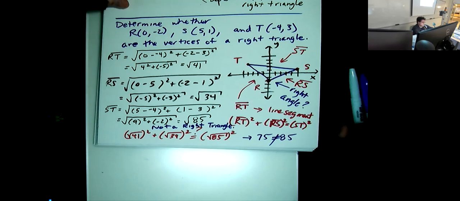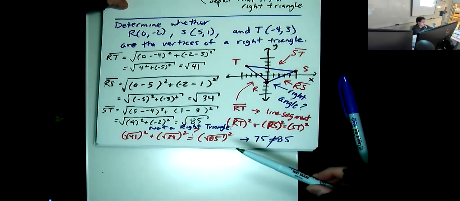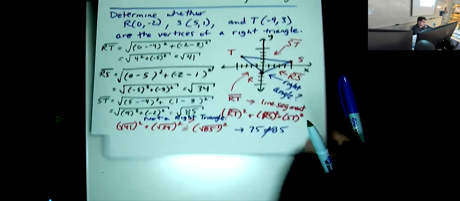So this is what happens when we square them and add them and check to see if they equal. So check this out.